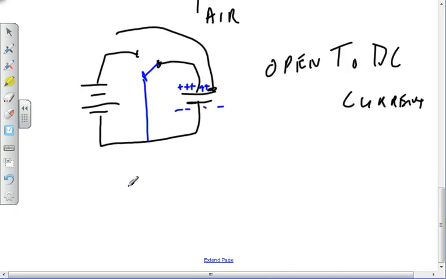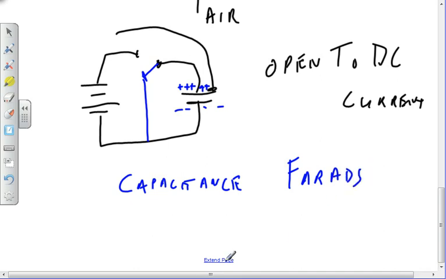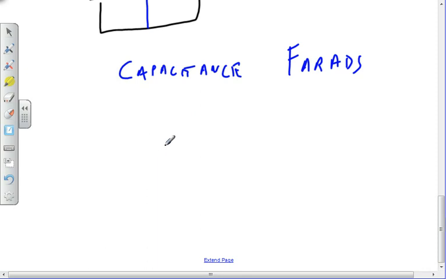A capacitor has a capacitance, which is measured in farads. F-A-R-A-D-S. My capacitance is going to be the charge on the capacitor divided by the voltage.